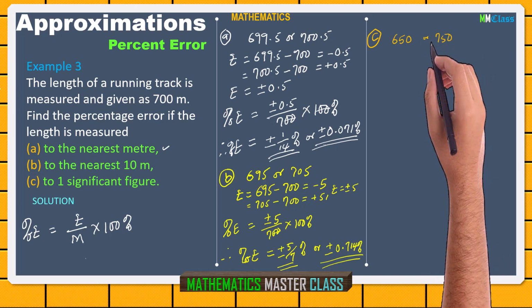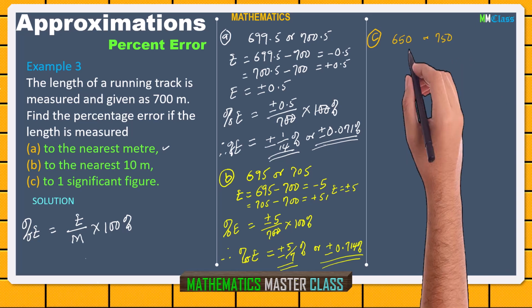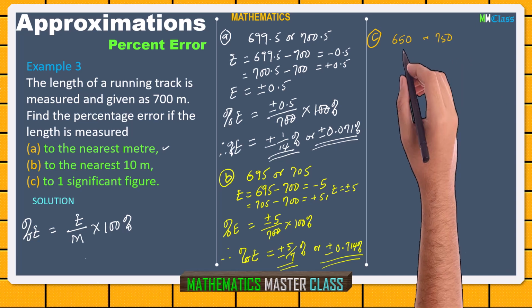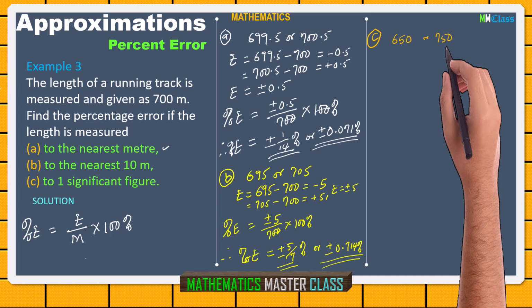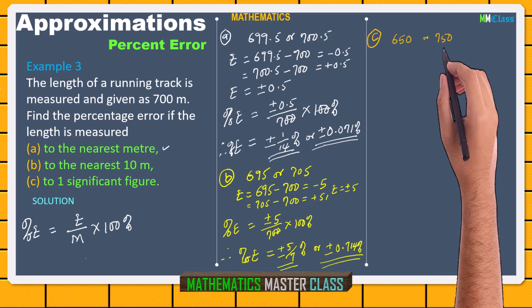Remember, if we are to list them, this 750 will be the last one. Like 650, 660, 670, 680, 690, and so on. If you approximate all of them to one significant figure, even 651, 600, you get many of them, but we are going to consider only these two, because this is the beginning and this is close to the end. But like we said, the last one is not always correct, so we are taking it because of 5.